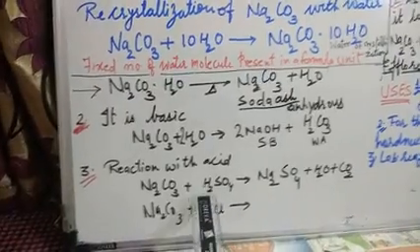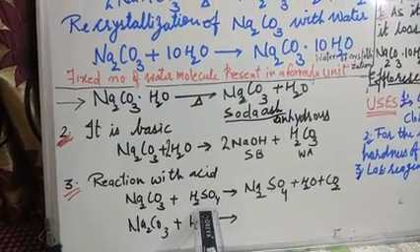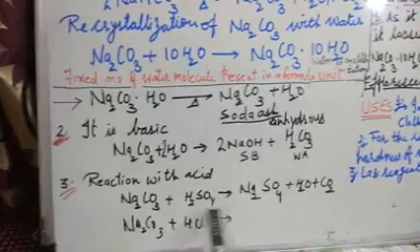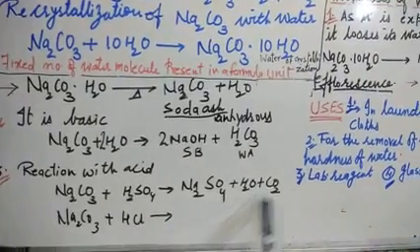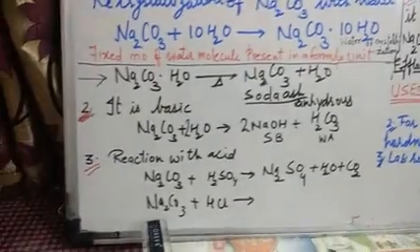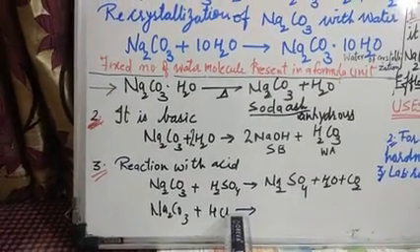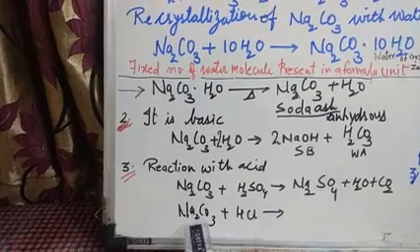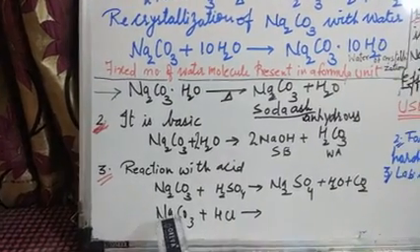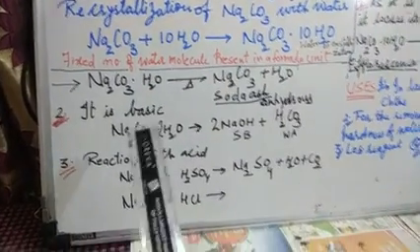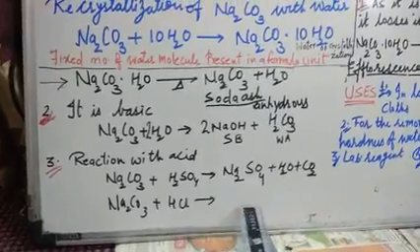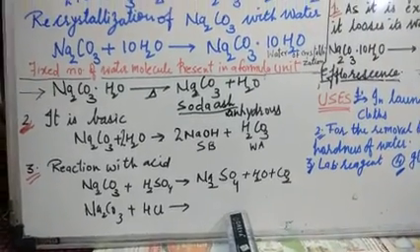So Na2CO3 plus sulfuric acid H2SO4, what are we getting? Na2SO4, water and CO2. Similarly, Na2CO3 when reacting with HCl, salt NaCl will be obtained, H2O will be obtained, and here also you will get brisk effervescence of CO2. You complete that reaction and balance it also, students.